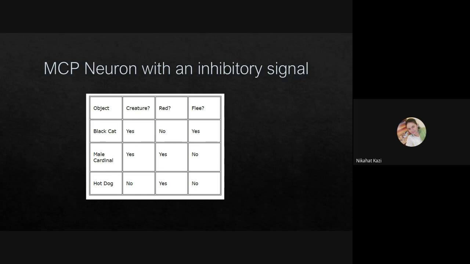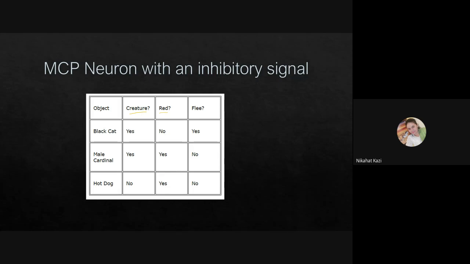Right. So which of these is excitatory? Excitatory is the one which is actually going to cause it to fire, cause it more to fire. That is nothing but the creature detector. And the red detector is actually going to cause it to stay back, because it's going to hinder the firing.